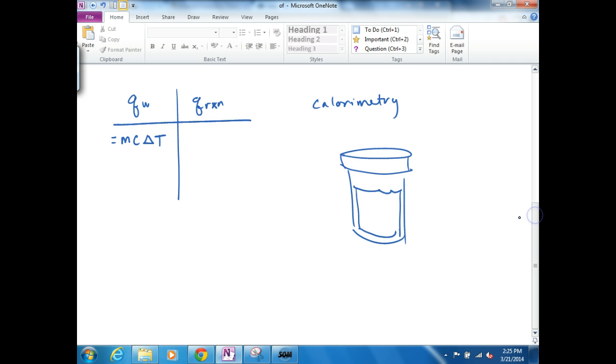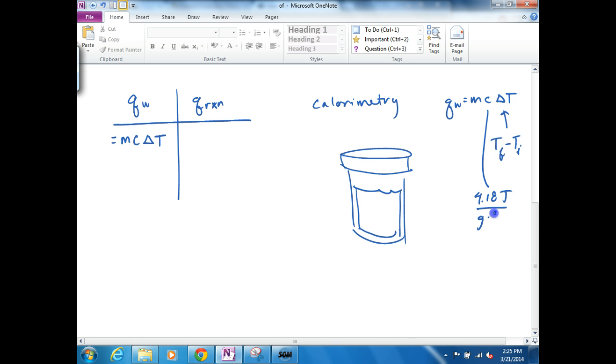All right. Now, maybe we should deconstruct this as well. If Q equals mc delta T, let's make sure we realize that this delta T is the final temperature minus the initial temperature. That C is 4.18 joules per gram per degree C, or if you like, 1 calorie per gram per degree C. And mass is the mass of the water.